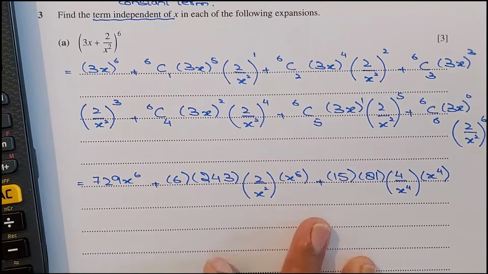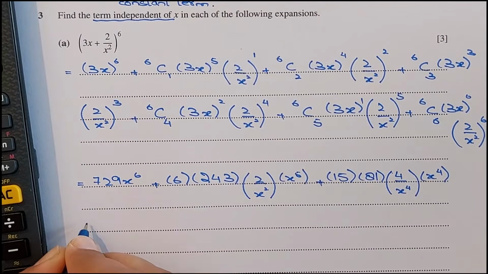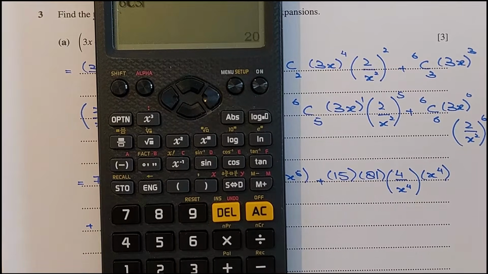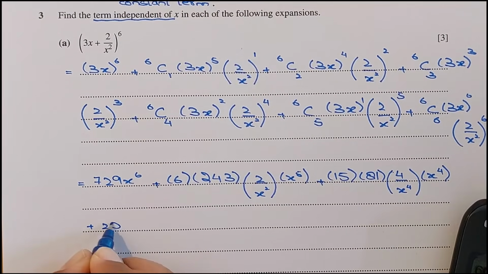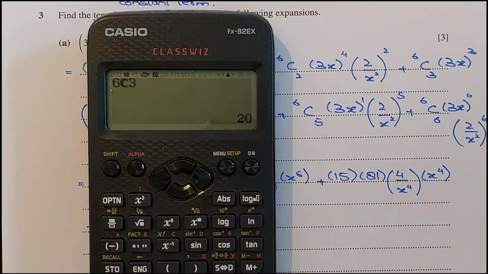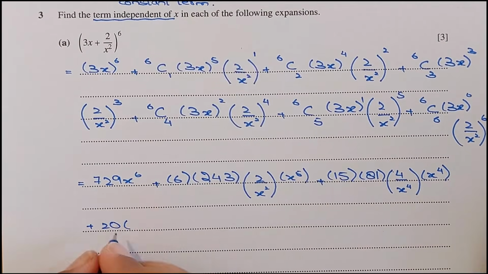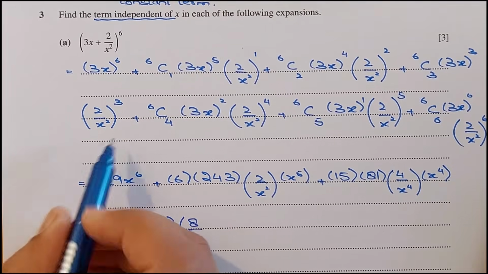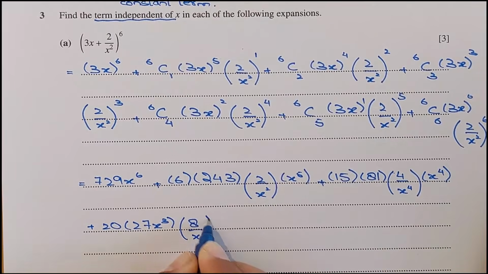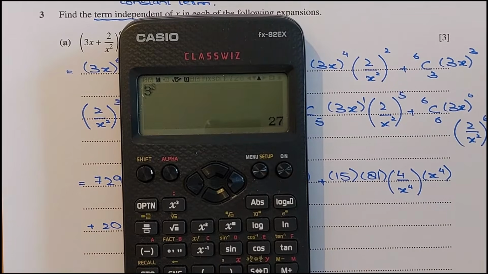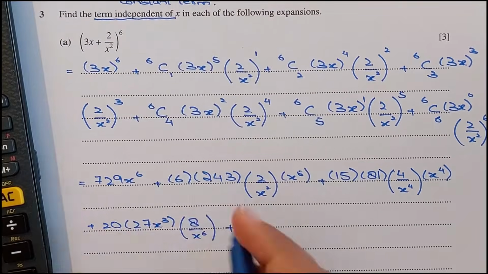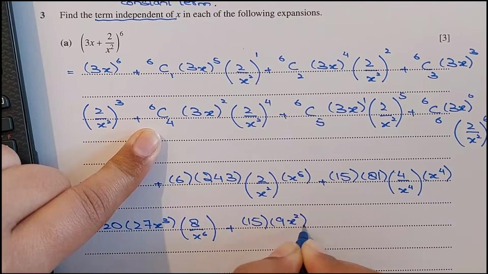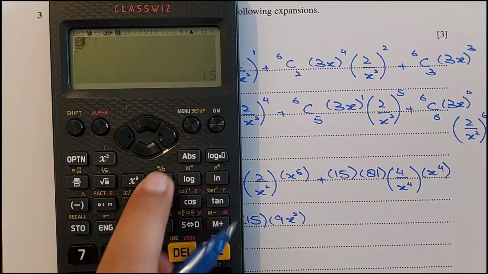Okay, so further simplification, for this term 6c3 is 20, 3 cube is 27x cube, 2 cube is 8. And 2 times 3 is 6, x power 6. What is 6c4? 6c4 is 15. 3 square is 9x square. 2 power 4 is 16, I guess.